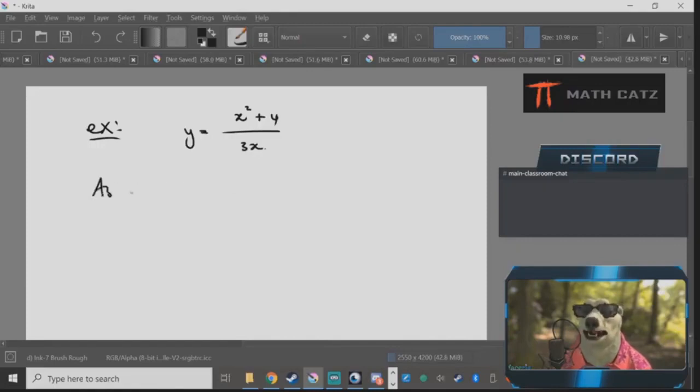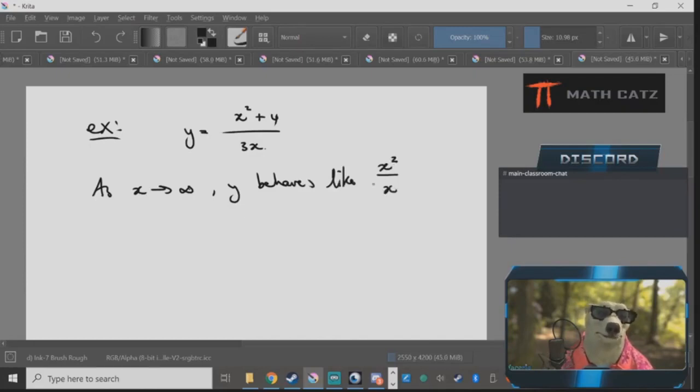Long term, so let's take x going to infinity. It doesn't even matter which one. Y is going to behave like the ratio of leading terms, x squared over 3x, which I then simplify to 1/3 x. So now I note that 1/3 x does what when x gets bigger?